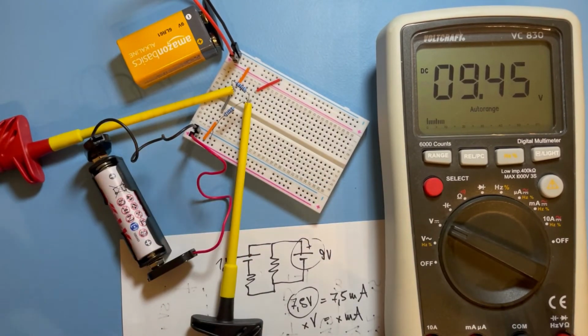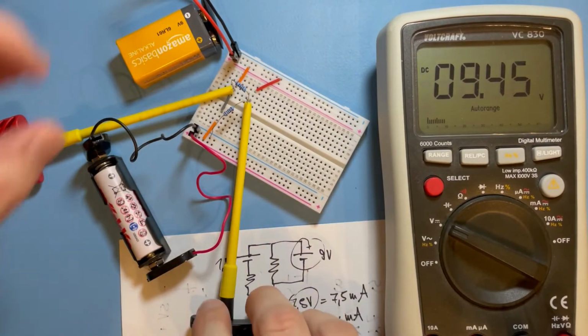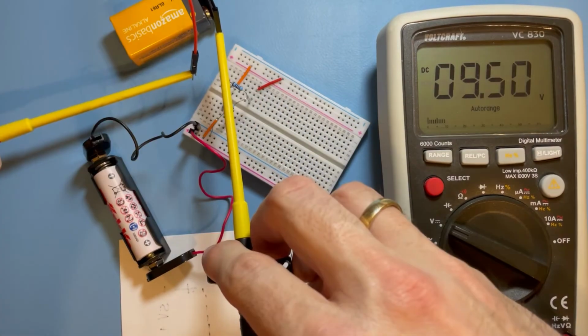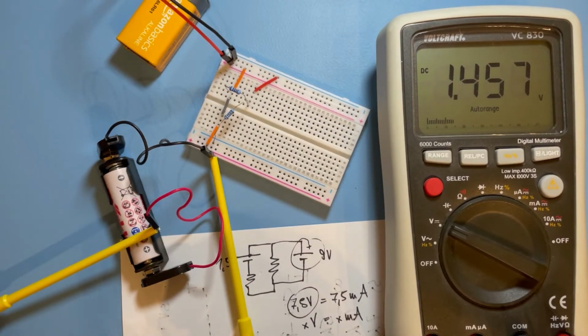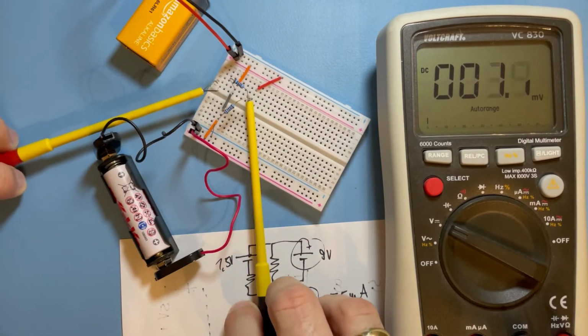So the numbers are not like we expected, because we calculated with ideal 9 volt and ideal 1.5 volt. But if we take into account the real values of our batteries, which I can measure for proof, 9.5 volt, and the small cell is 1.457. This seems to me like we've made a perfect guess.